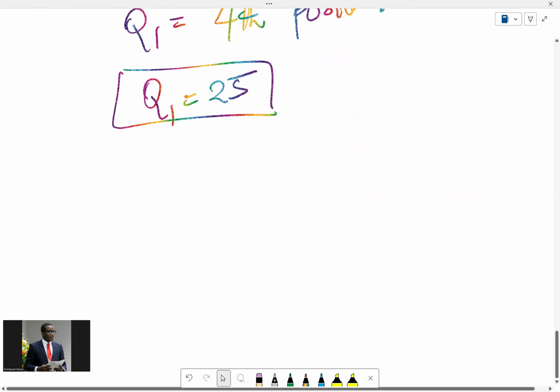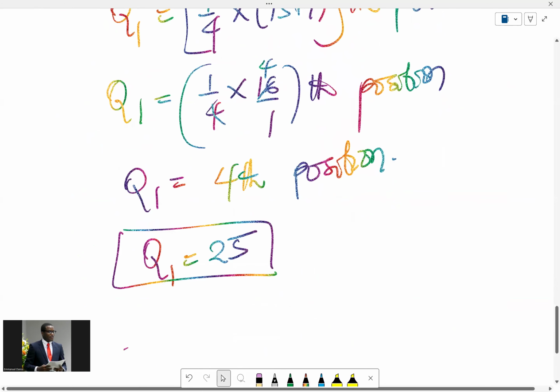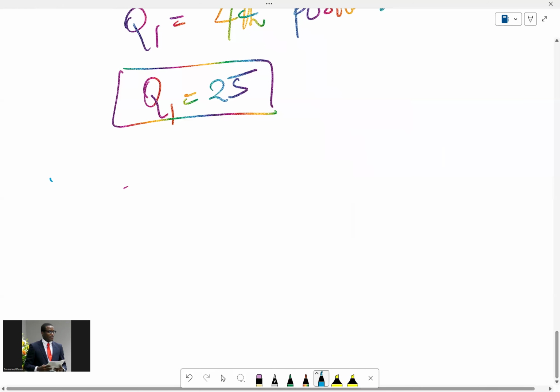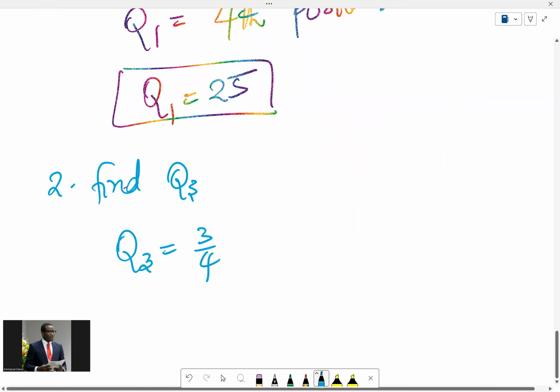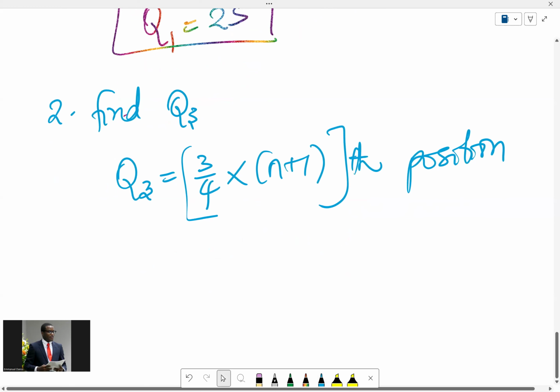Now that you have found Q1, the second step is to find Q3. Just like Q1, Q3 is 3 over 4, the third quartile or 75th percentile, times n plus 1, which gives the position.